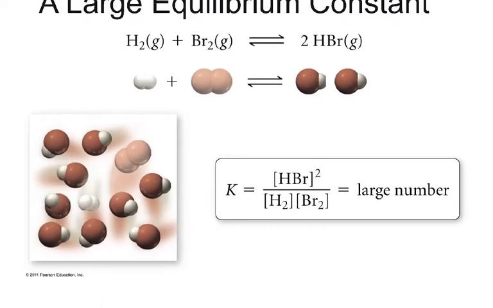Now, the size of your equilibrium constant can tell you something about which direction the equilibrium lies. So if you have a large equilibrium constant, that means that you have a lot of product over a small amount of reactant. A big number divided by a small number is going to be a large number. That tells us that our equilibrium lies to the product side.